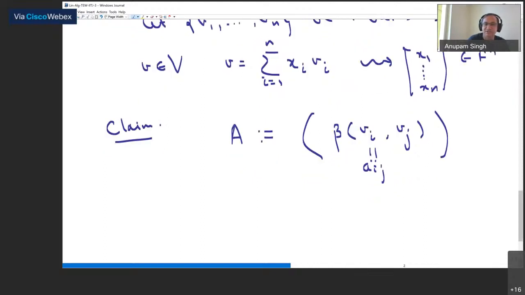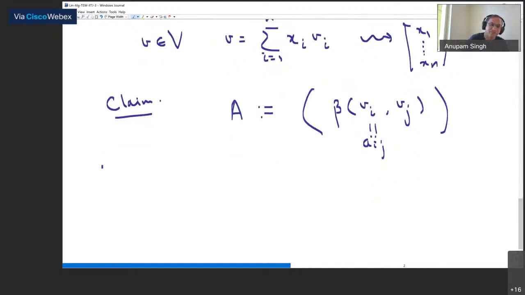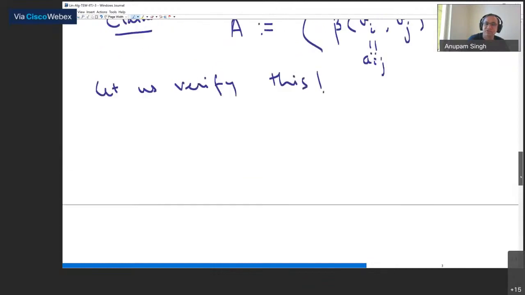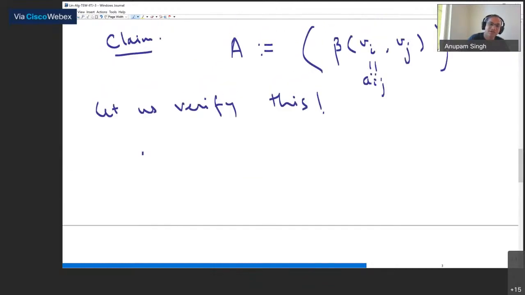Okay, so let's verify this. What do I want to verify? That if I want to compute beta, I can just use A. So suppose I want to compute beta at v and w.